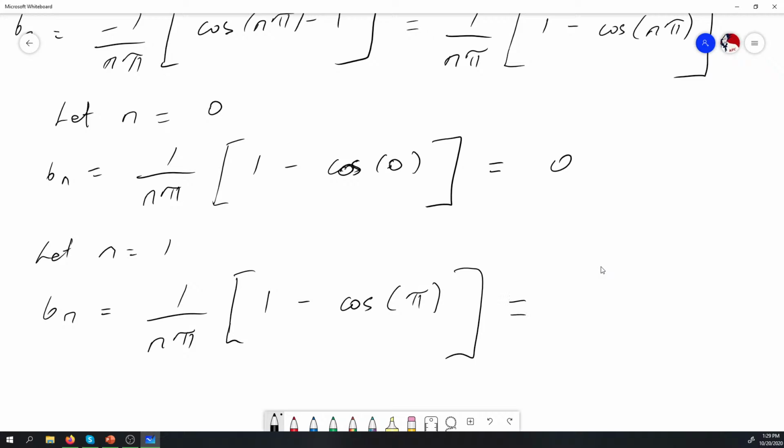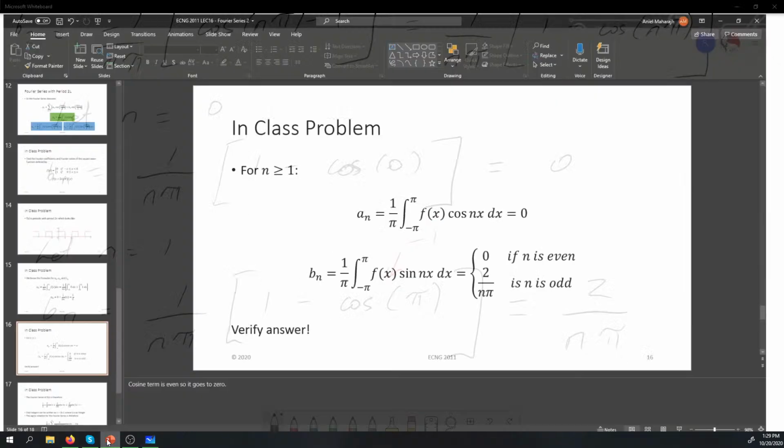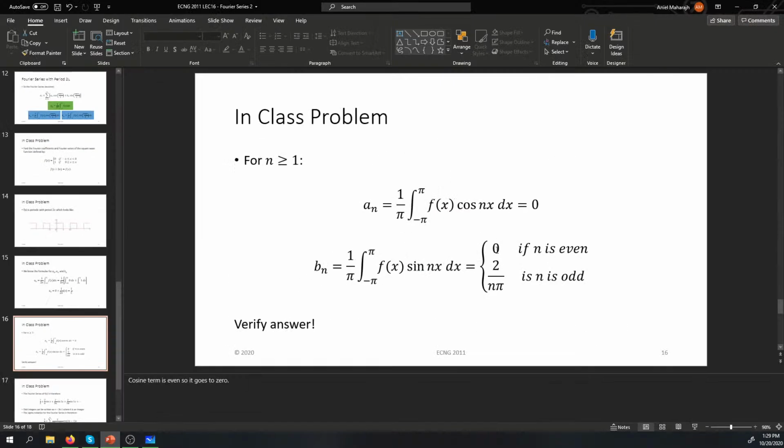And cosine of pi gives us a value of -1, so we get 1 minus -1, and as such we get 2 on n pi accordingly. So it proves our answer with respect to our example problem. For any even value of n, it will resolve into 0, but for any odd value of n, we'll get 2 on n pi.